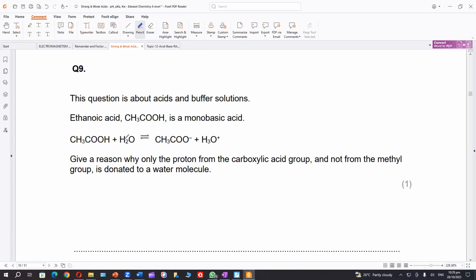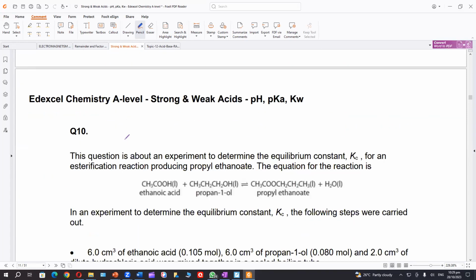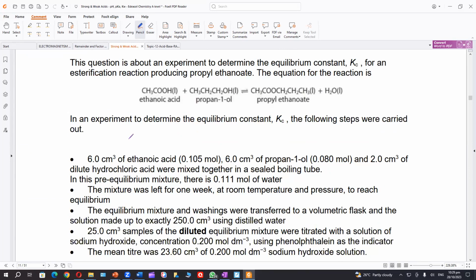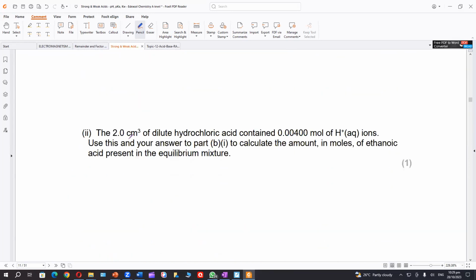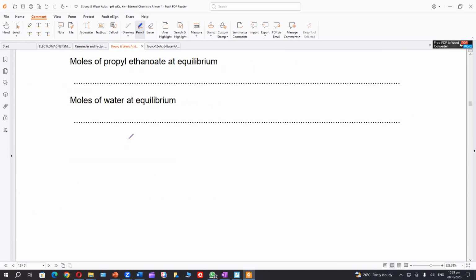This question is about acid and buffer solution. Buffer solution we haven't started yet. So we are left with the mixture work.